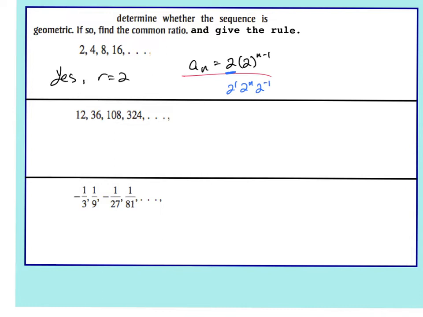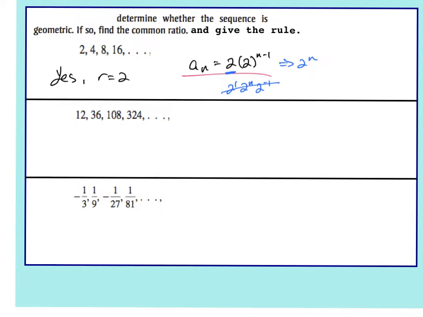And if I have 2 to the power of 1 and 2 to the power of negative 1, what happens to those things? They cancel. So I'm left with 2 to the power of n. Every now and then they might want you to convert the rule to just be a power of n. It simplifies to 2 to the power of n. Good. All right, so let's work with this next one. I got 12, 36, 108, 324.